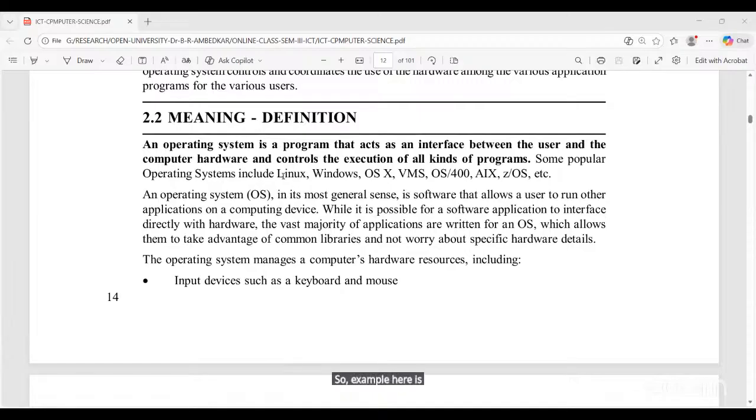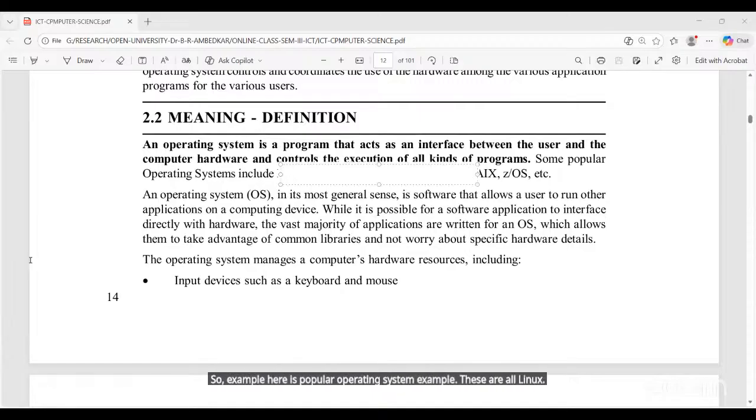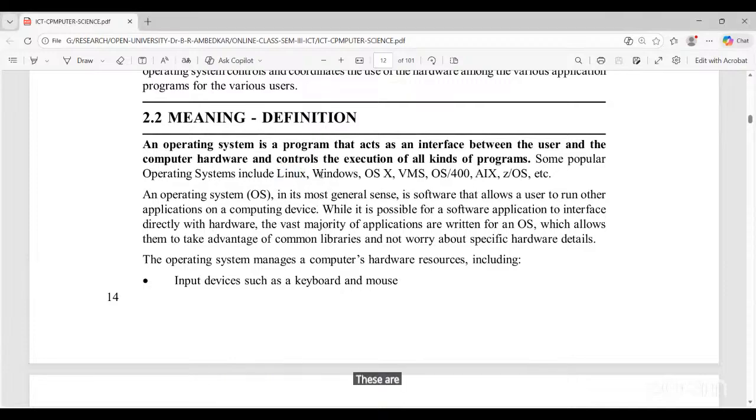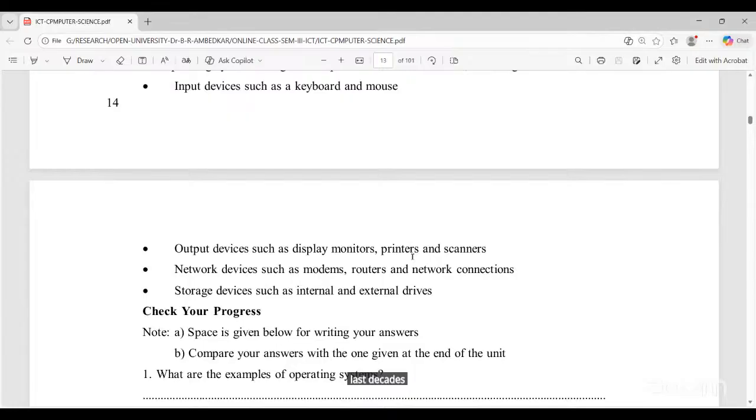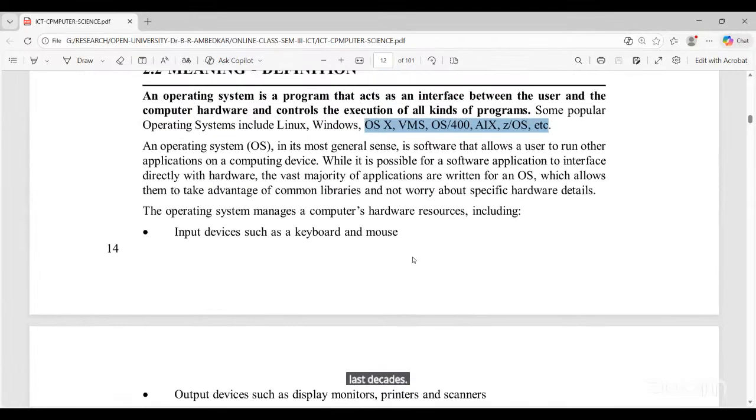Popular operating system examples are Linux and Windows, all these operating systems from the last decades. So this is all about the definition of the operating system and where operating systems are available in the market.